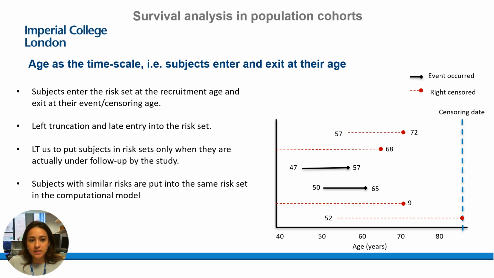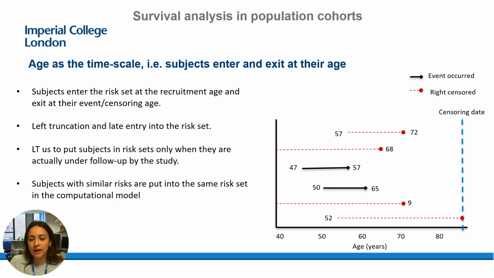When age is the timescale, time 0 would actually be birth. However, like most cohort data, including the UK Biobank, this is not the case. So what we do is have them enter the risk set at the age when they enter the study, given that they have lived to this age with no occurrence of the event, which in our case is death, meaning that they're still alive.